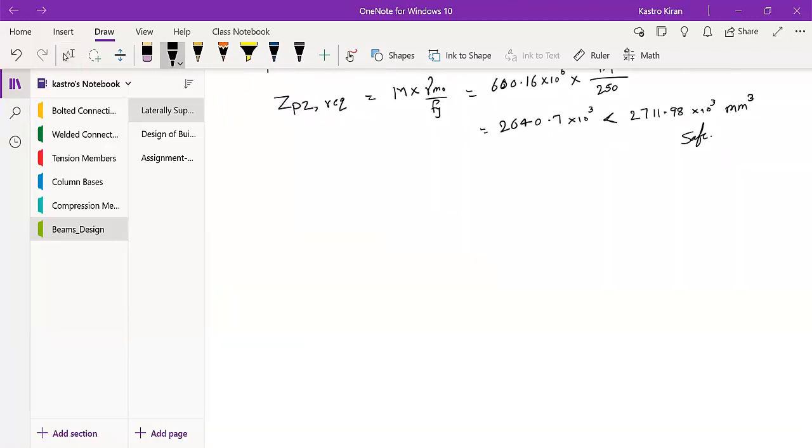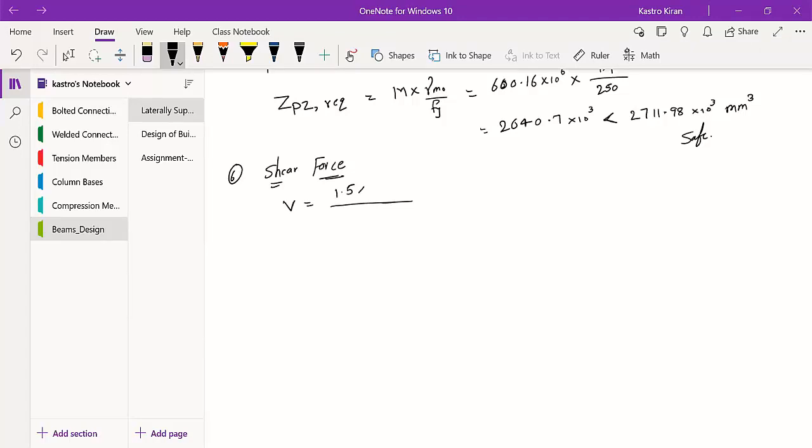So in the next step, we are going to solve for the maximum shear force. How do you calculate shear force? V equals WL by 2, right? So let's write this value. Initially, you have to do it for the self weight.